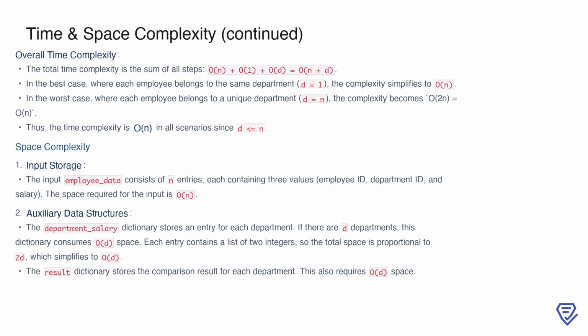This dictionary stores 1 entry per department, and if there are D departments, it requires O(d) space. Each entry contains 2 integers, making the total space proportional to 2d, which simplifies to O(d). Lastly, the result dictionary, which stores the comparison results for each department, also requires O(d) space.